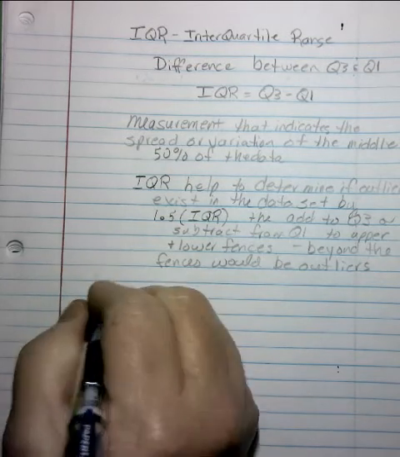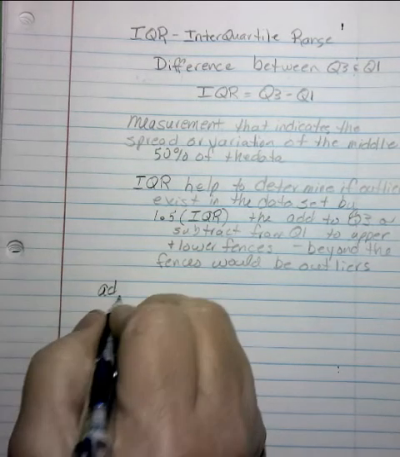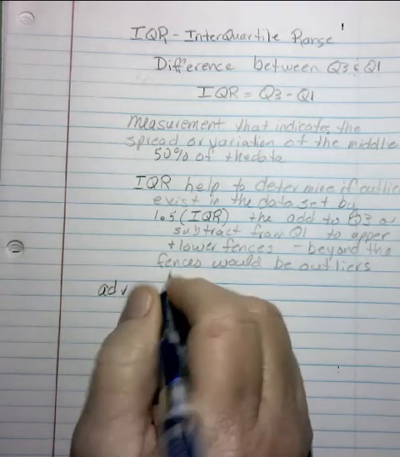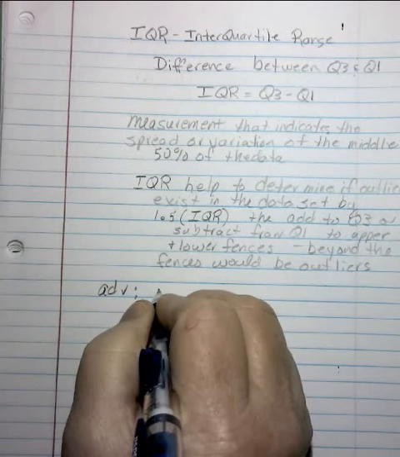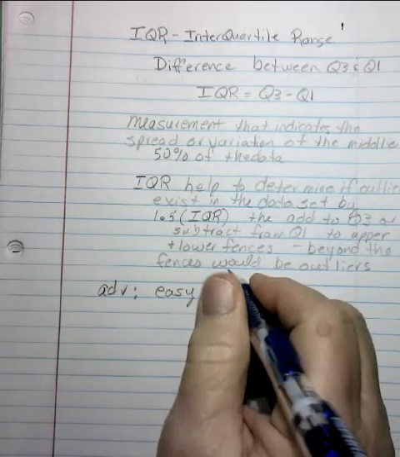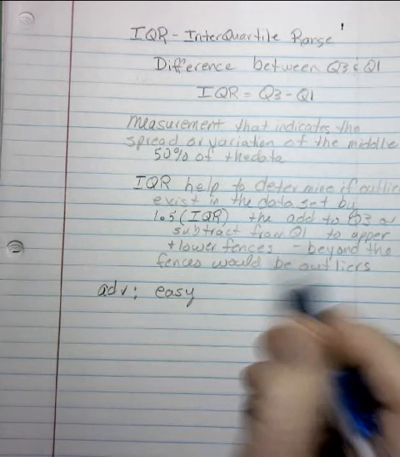Some advantages of computing an IQR is that it's another pretty easy calculation. Not quite as easy as the range because it does involve finding each of the quartiles.